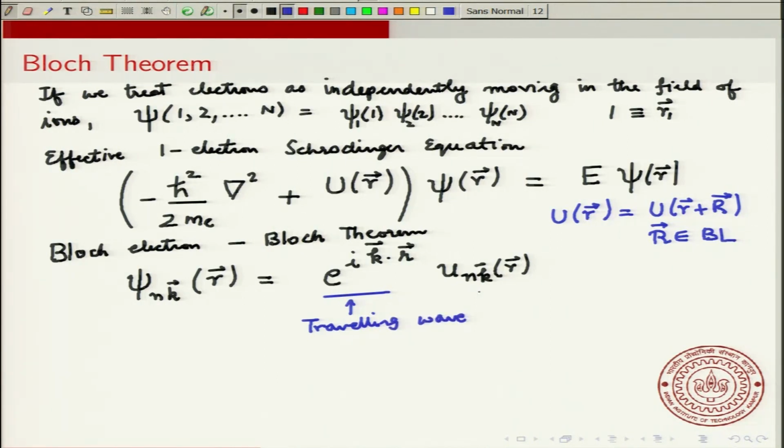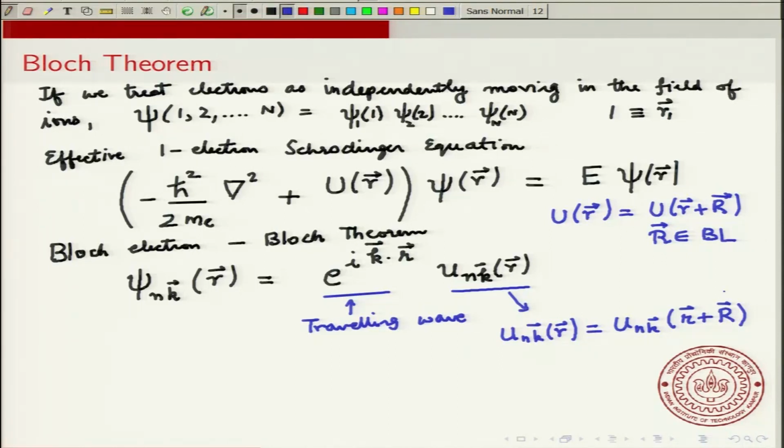The second part is some function of r, and there is a restriction that this should be periodic, equal to u n k of r plus R, where capital R is any vector in the Bravais lattice.